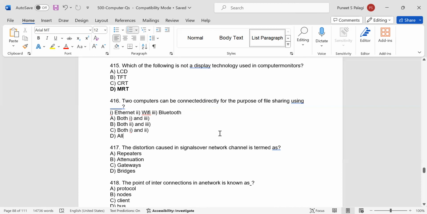Two computers can be connected directly for the purpose of file sharing using Ethernet, Wi-Fi, Bluetooth. So is it both 1 and 3, both 2 and 3, both 1 and 2? So, all. Two computers can be connected directly for the purpose of file sharing using all of these.